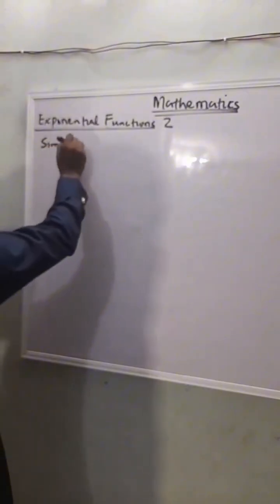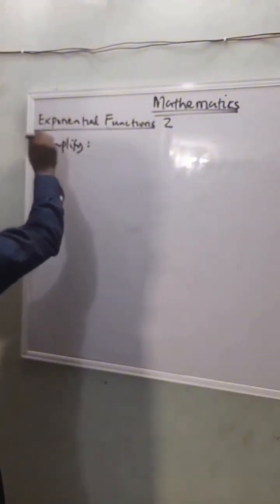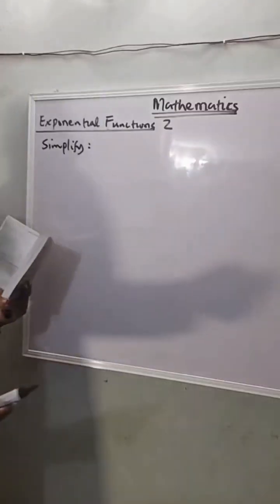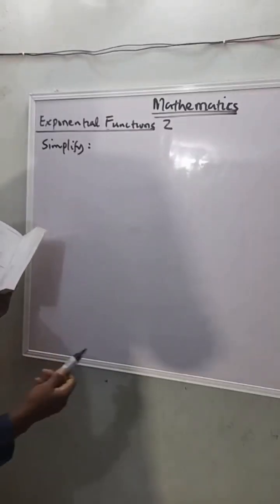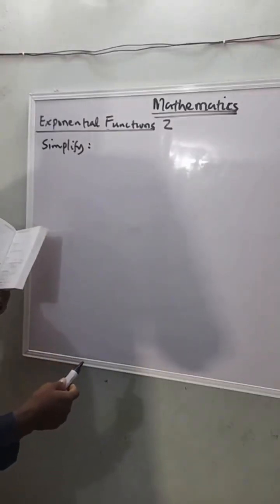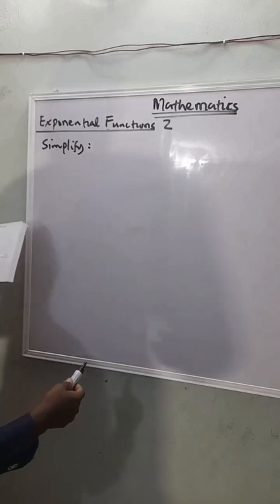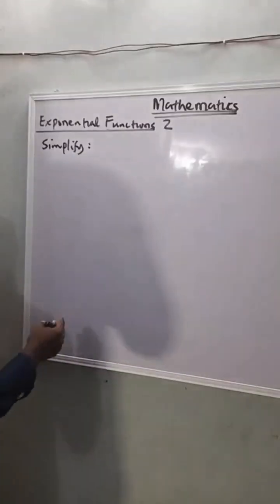Examination questions will also come in this way. Simplify. For those of us preparing for SS1, SS2, SS3, and undergraduate, some indices like this will be very important to know.